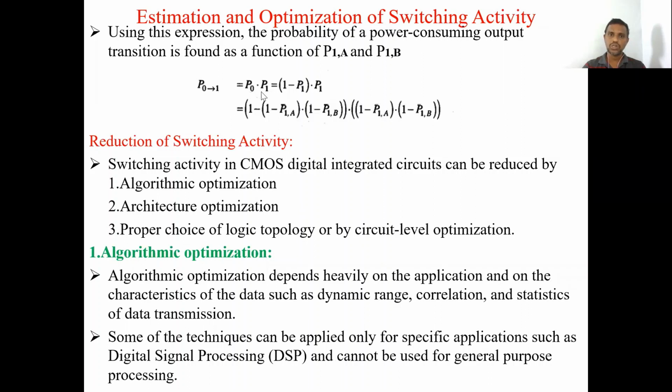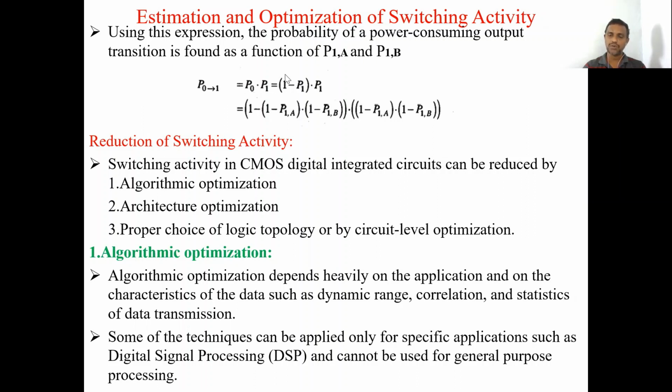Therefore P0 times P1 is equal to, where P0 is nothing but 1 minus P1. Why am I taking this as 1 minus P1? Because the total probability is equal to 1. If you know the probability of logic 1, you can easily calculate the probability of logic 0. So I take the probability of logic 1 as P1, and the probability of logic 0 is 1 minus P1.